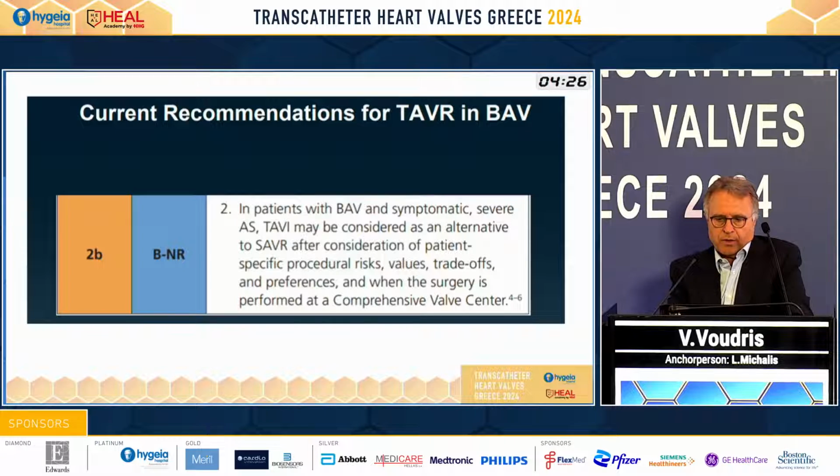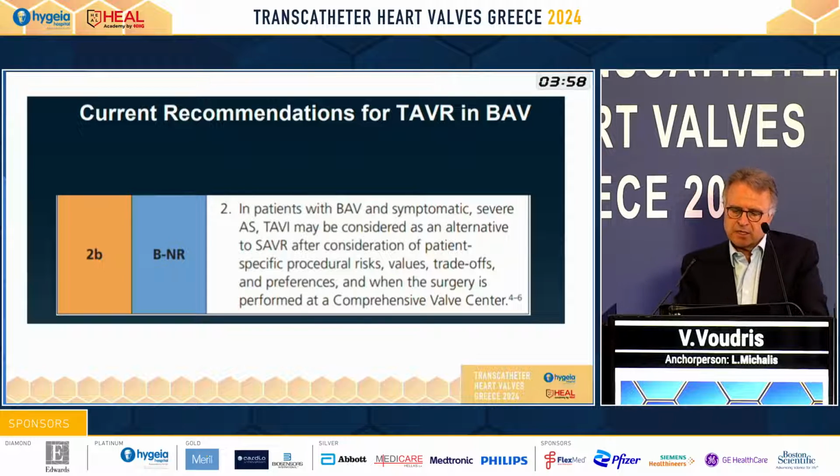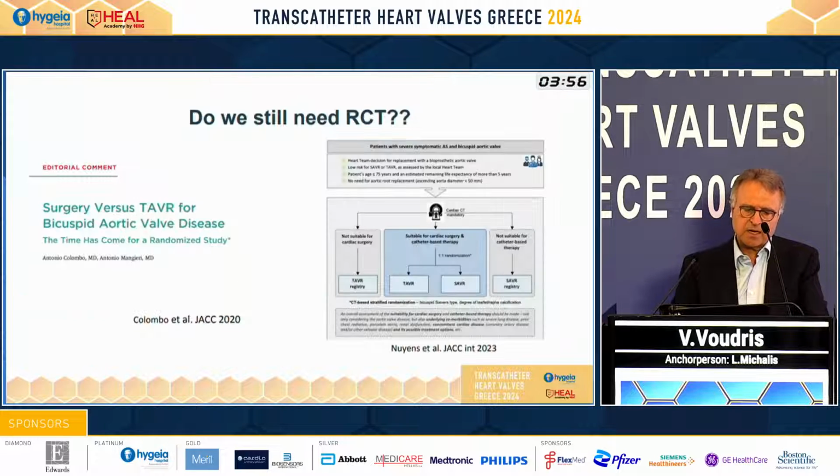These are the existing recommendations for TAVR in bicuspid morphology. In patients with bicuspid morphology and symptomatic severe aortic stenosis, TAVI may be considered as an alternative to surgical AVR after consideration of patient-specific procedural risk, values, trade-offs, and preference, and when the procedure is performed at an experienced valve center.